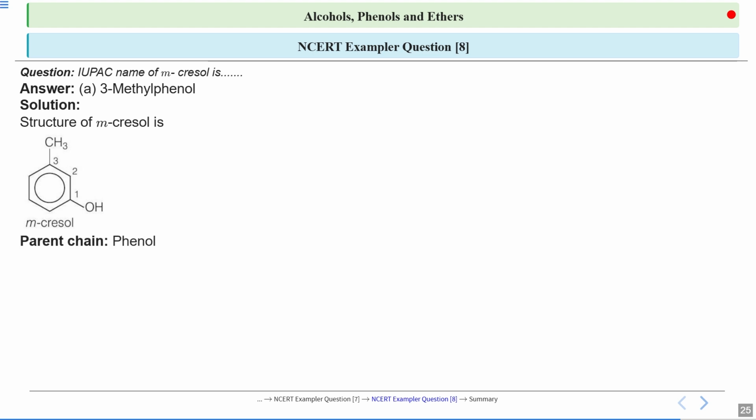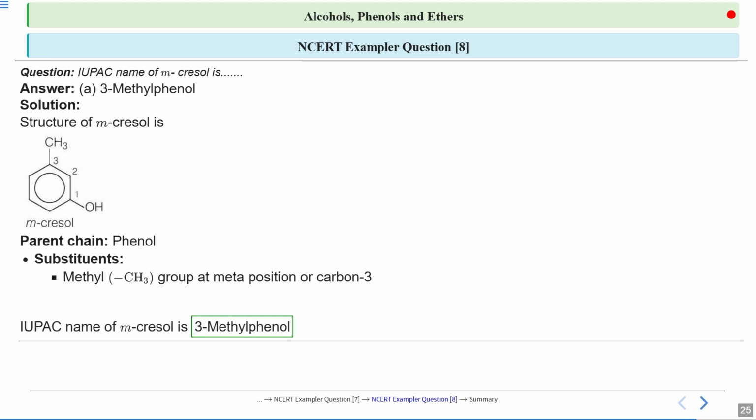If you write the IUPAC name, you have to tell about the parent chain, which is actually phenol, and the substituent, the methyl group, that is the CH3 group, present at the meta position of benzene or the third carbon. So the IUPAC name of metacresol is 3-methylphenol.